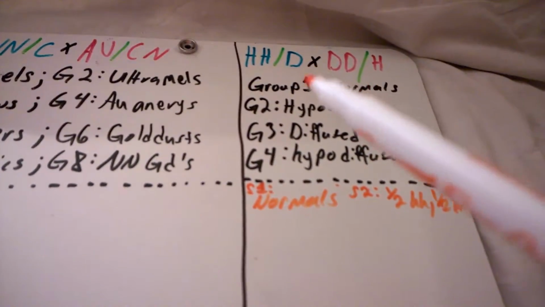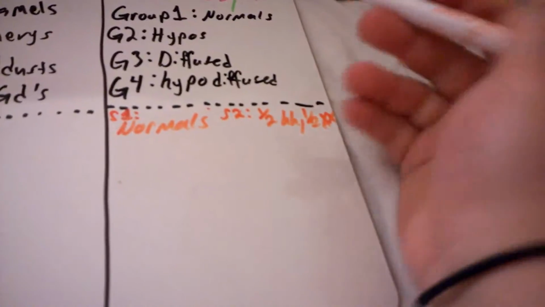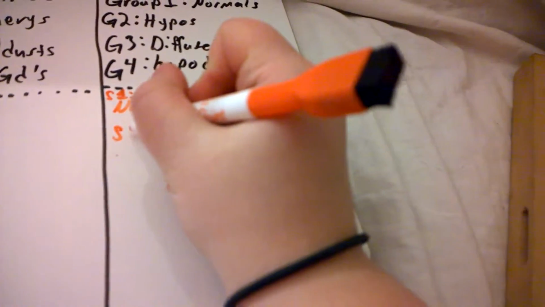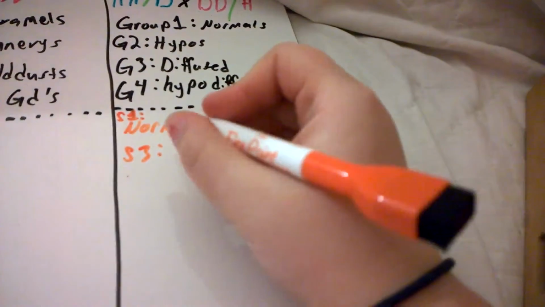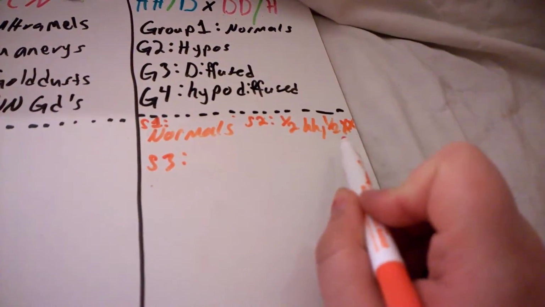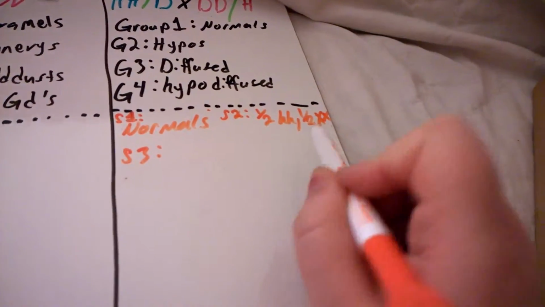Okay. So now we have the diffuse. The diffuse does the same thing. So half of these halves are going to be diffused. So then what we do at step 3 is we cut each of these halves in half. So half of this half, which would be a quarter of these normals, is going to be diffused.